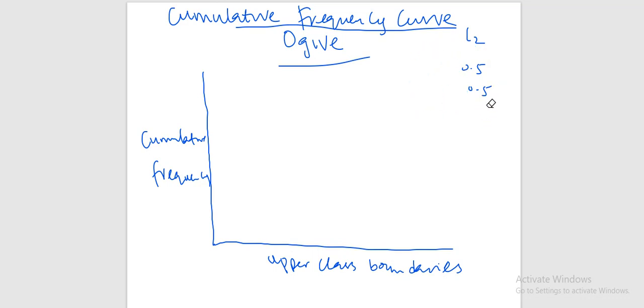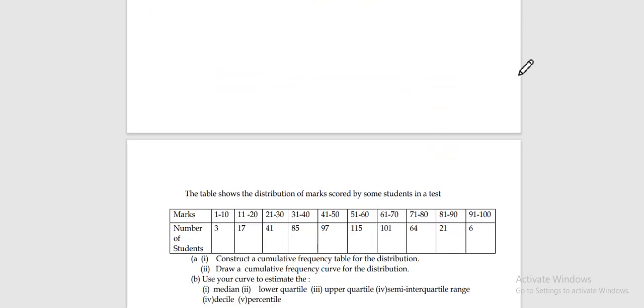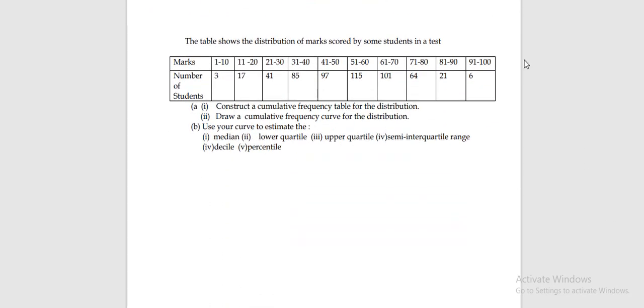So I want us to solve an example to illustrate this. Now look at this example. The table shows the distribution of marks scored by some students in a test.